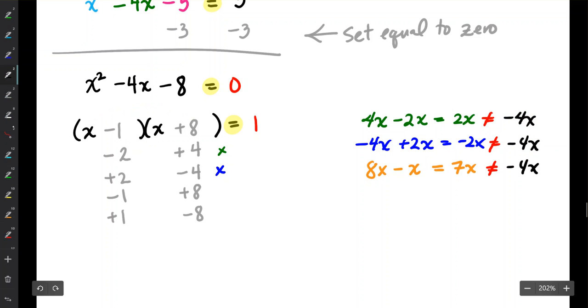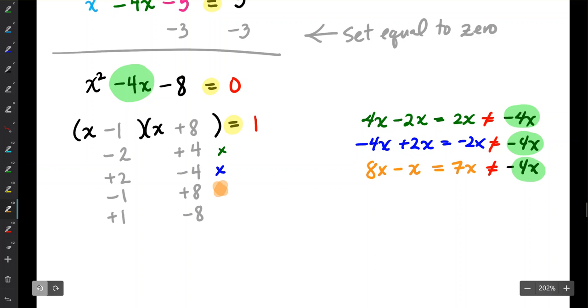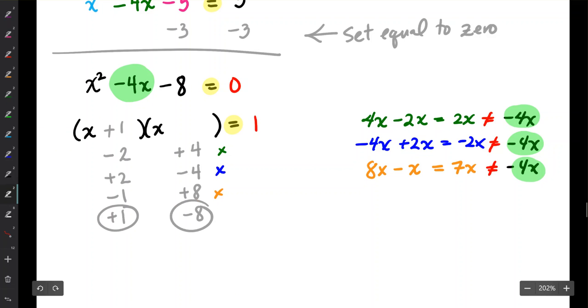All right, I just decided to help ourselves with the color, right? I'm looking to combine. When I multiply this all out and combine like terms, I'm supposed to have a minus 4x, and we aren't having that. The orange was a fail too. All right, what about the last one, if x is positive 1, x plus 1, we do the plus 1, and then we do the minus 8.